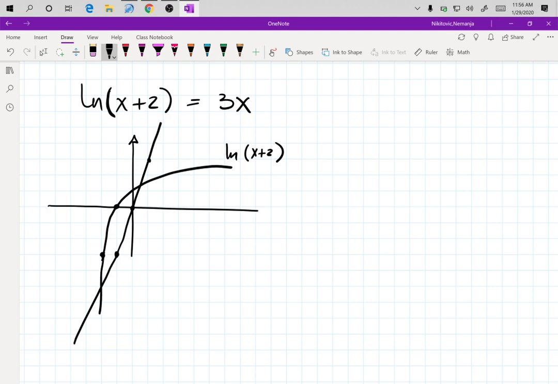And we see that these two functions intersect twice. We are expecting two solutions for x. One of the two solutions is going to be negative 1.9 something, and the other solution is going to be around 0.5.